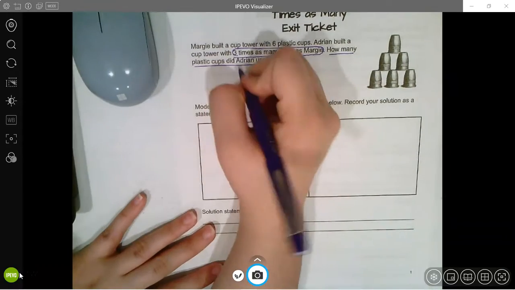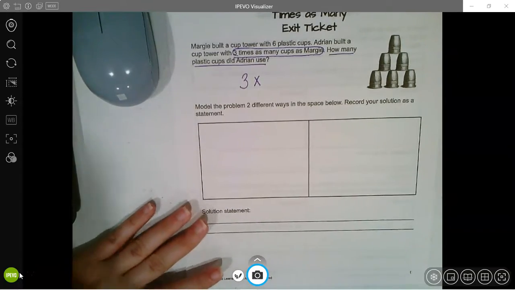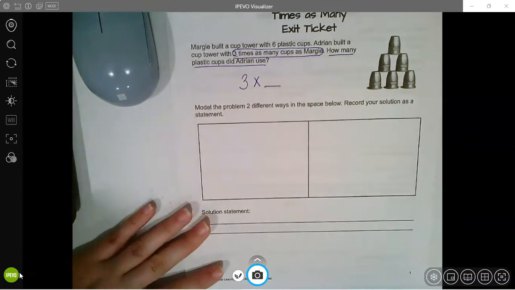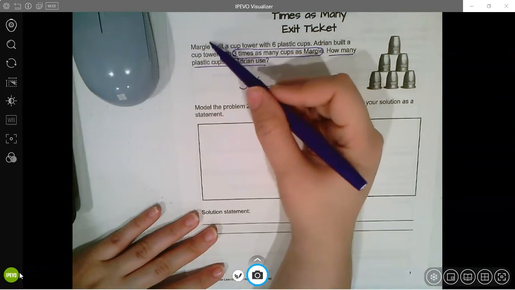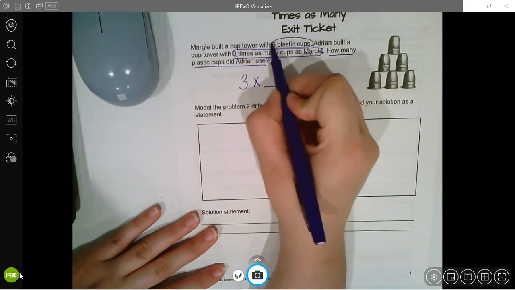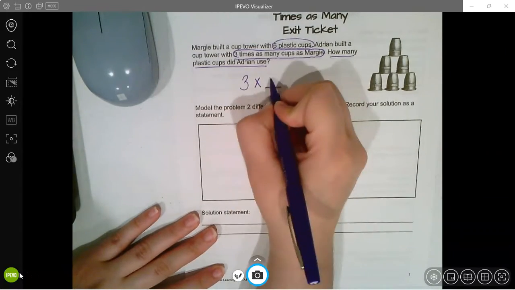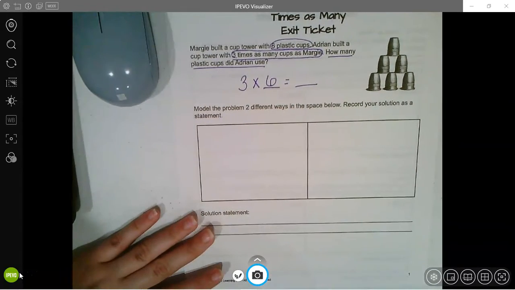Okay, so I know that my problem is going to start with 3 times. I don't know this one just yet, so let's go back and read what it says. 3 times as many cups as Margie. Well, up here it tells me Margie built a cup tower with 6 plastic cups. So I'm going to be doing 3 times 6 equals, that's what I'm going to be finding out.